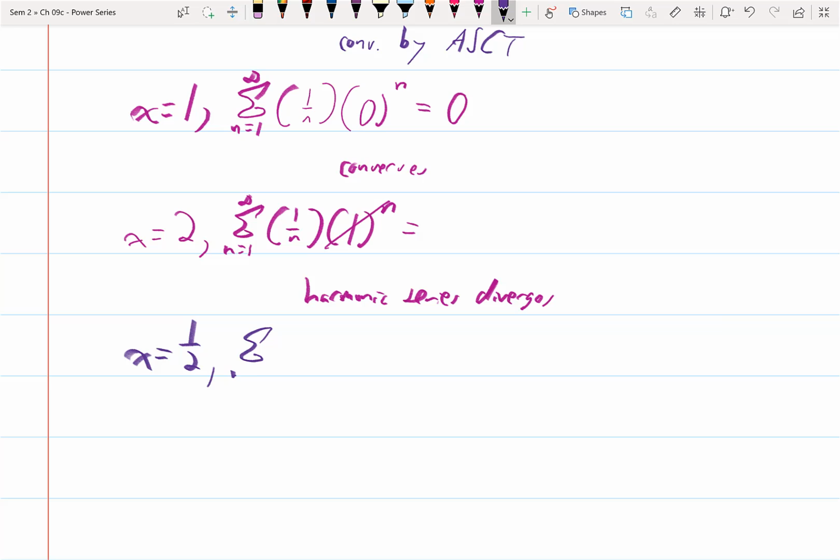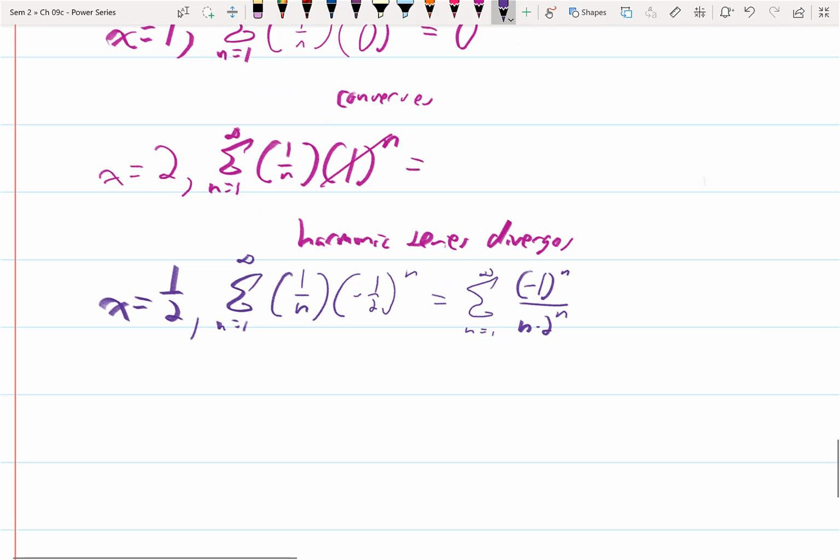We get the sum from n equals 1 to infinity of 1 over n times -1/2 to the nth power, which is the same as the sum from n equals 1 to infinity of -1 to the nth, that's the alternating part, over n times 2 to the nth power.